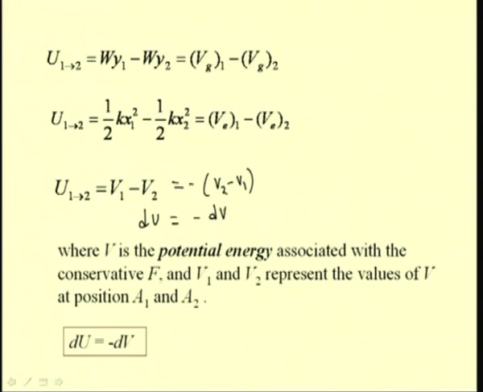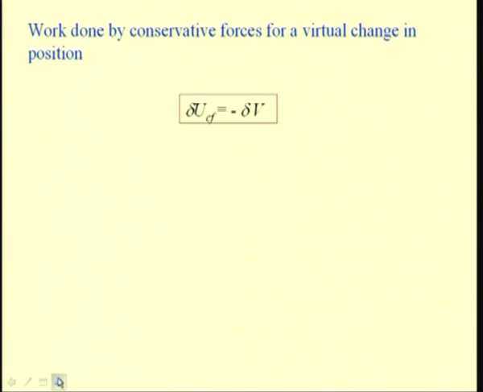So, this differential form can now be advantageously used to analyze the systems where conservative forces are involved. So, now the work done by the conservative forces for a virtual change in the position is delta U_CF equal to minus delta V.